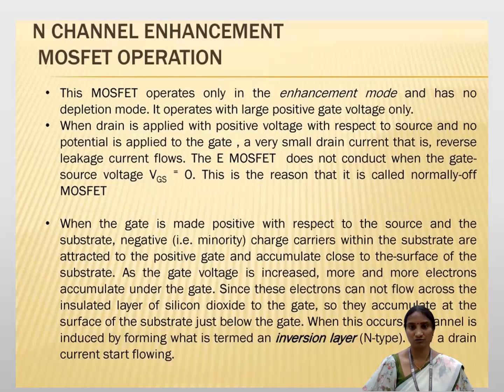Since these electrons cannot flow across the insulating layer, they accumulate at the surface of the substrate just below the gate terminal. The channel is induced by forming an inversion layer between the source and drain regions, and hence the drain current starts flowing.